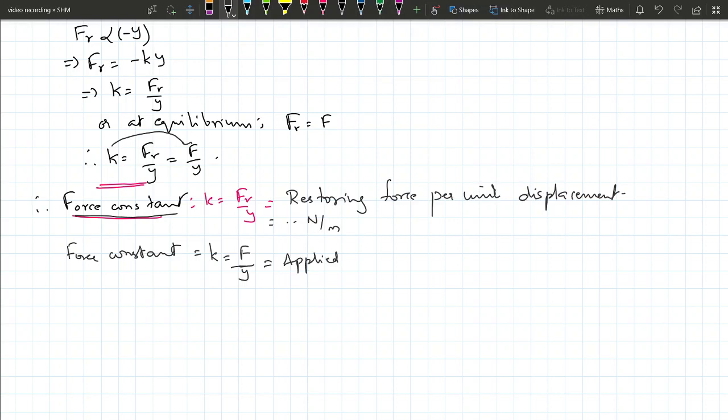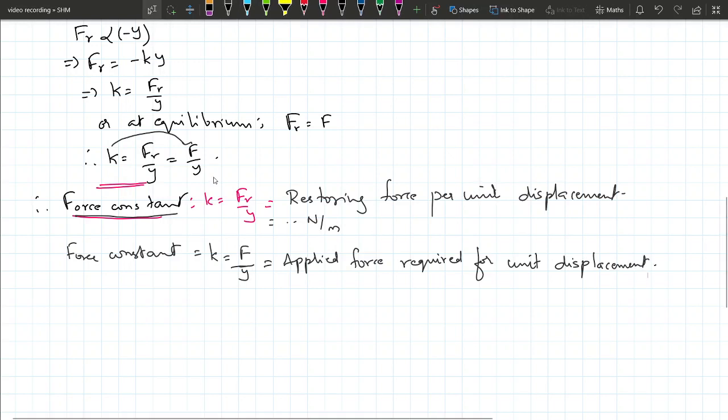It is the value of applied force required for unit displacement. Here also, the applied force is in Newton and the displacement is in meter, therefore it's Newton per meter.